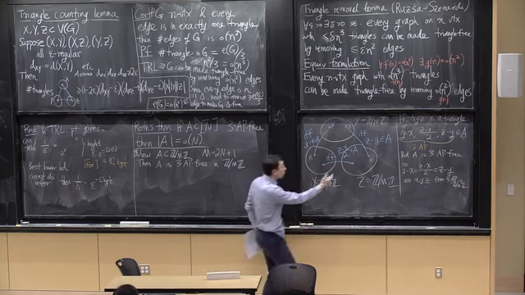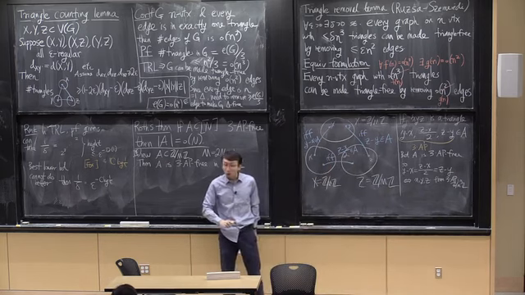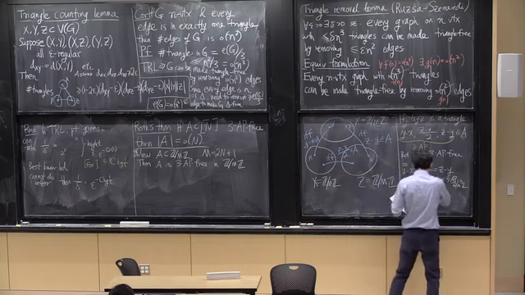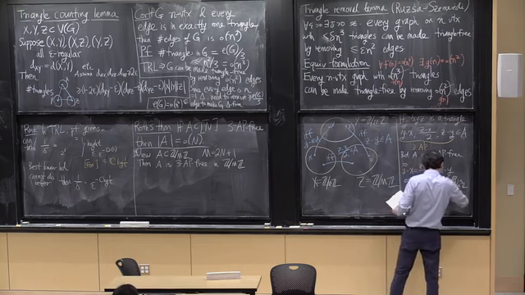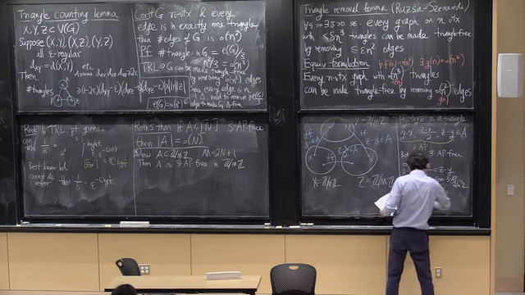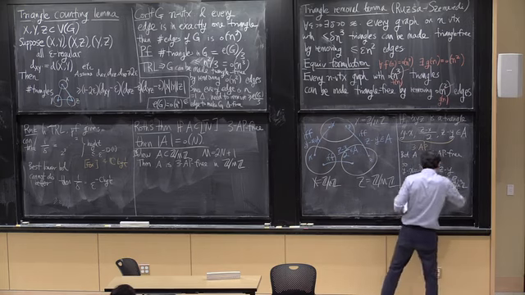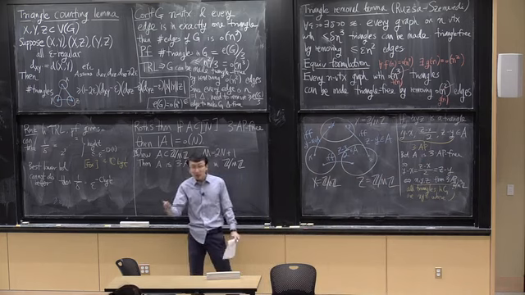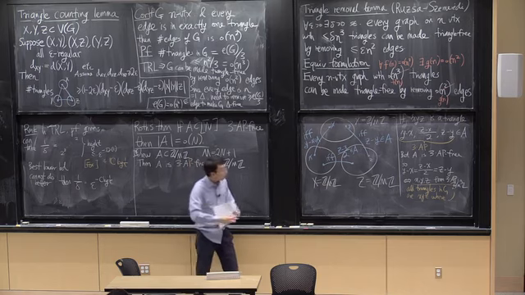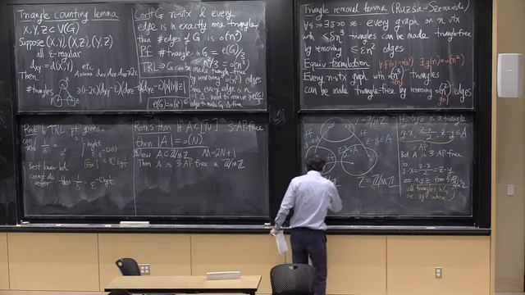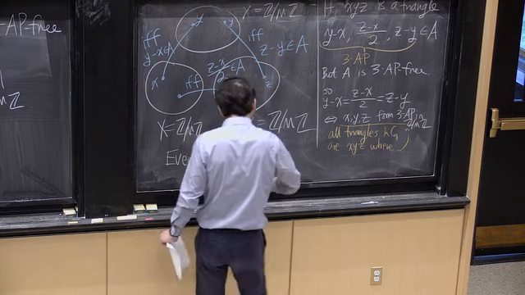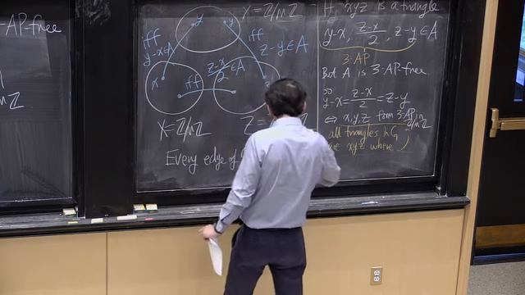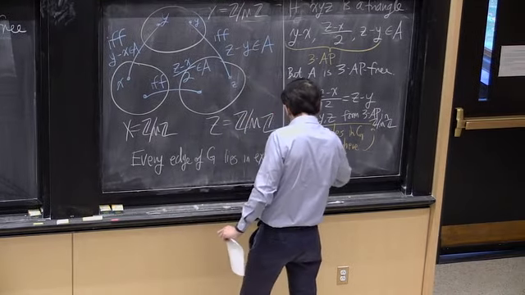Okay, so this is precisely the description of all the triangles in the graph. So all the triangles in the graph G are precisely x, y, z, where x, y, and z form a three-term arithmetic progression. And in particular, every edge of G lies in exactly one triangle.